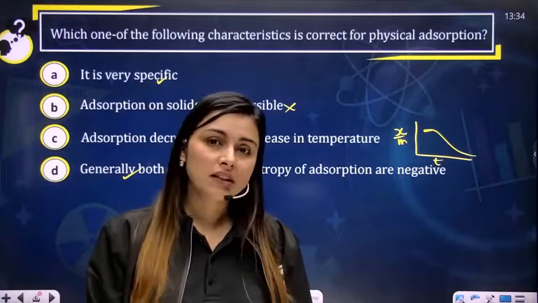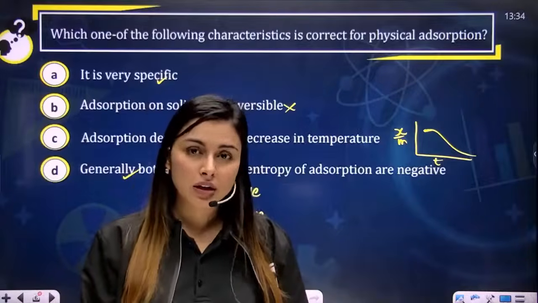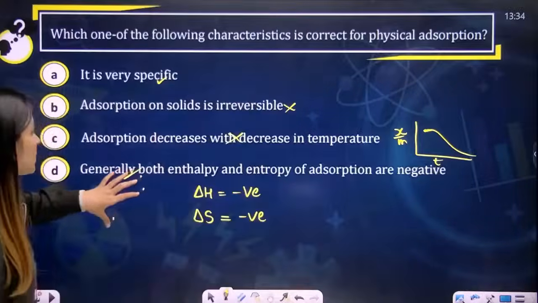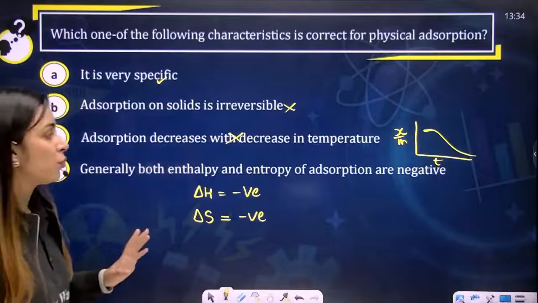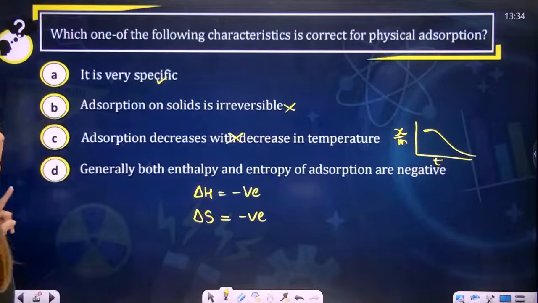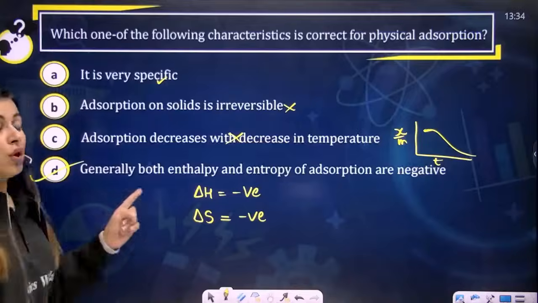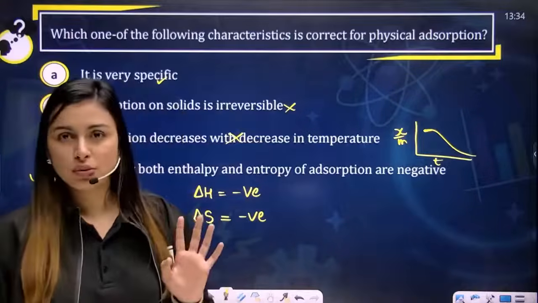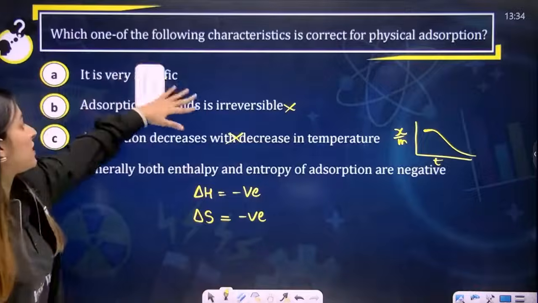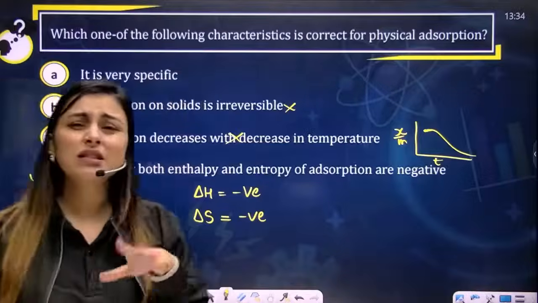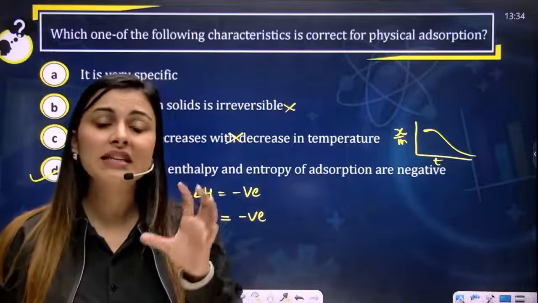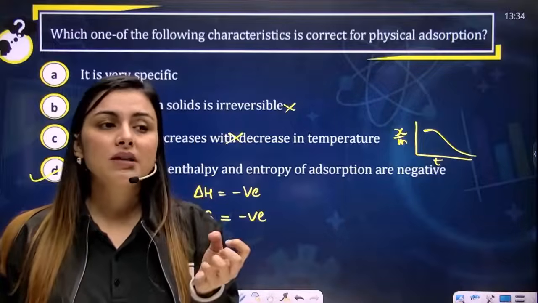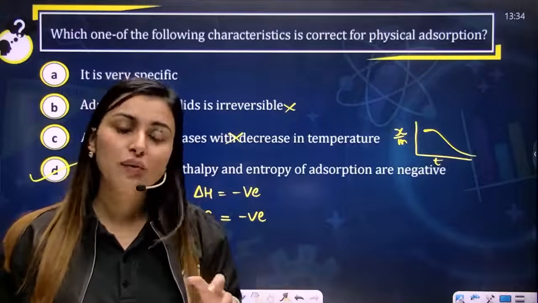Now, my dear students, let me just tell you here that this is a point. Generally, both enthalpy and entropy of adsorption are negative. This is absolutely correct. It is true for chemisorption and physisorption as well. If we talk about it is very specific, it is not very specific, but yes, it is specific because only the gases which can liquefy can be adsorbed.